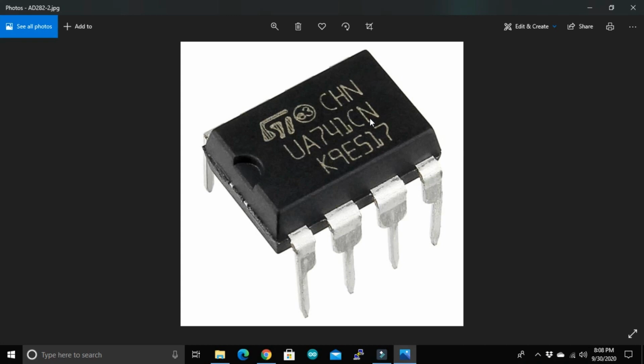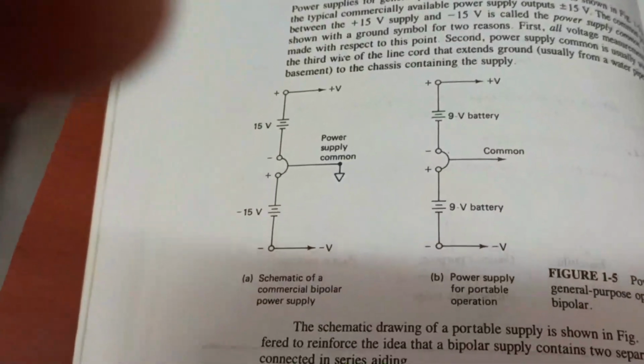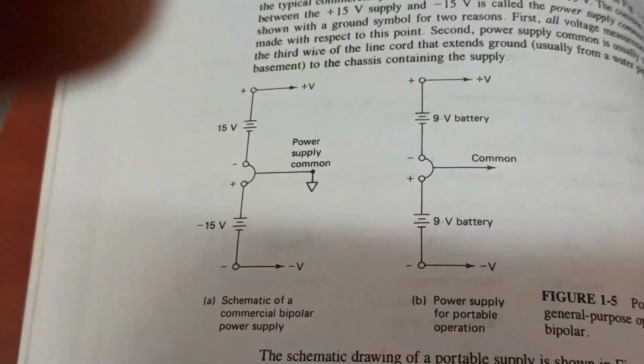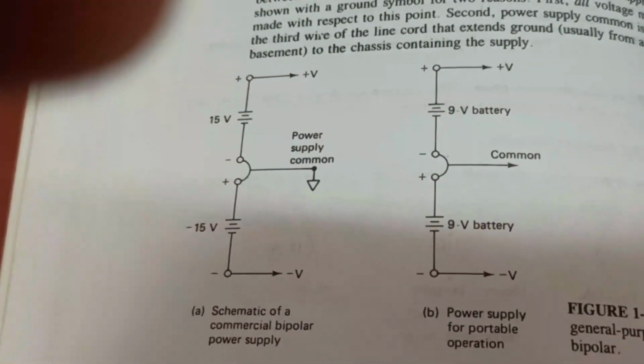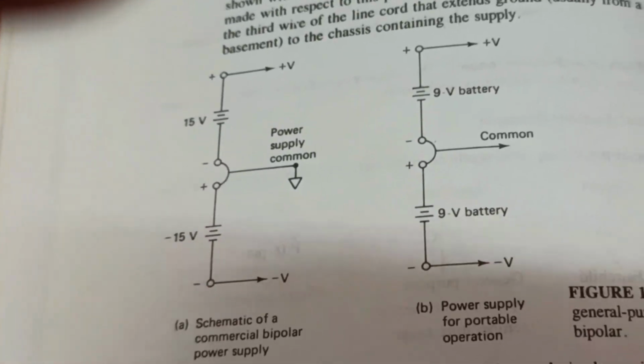Here we need those only, because we are going to insert them in the breadboard. So we will be using a 741 op-amp with a suffix of N or P. The power supply point is very important here. It requires a dual power supply, like positive 9 volts and negative 9 volts, or positive 15 volts and negative 15 volts. There will be a common terminal also.